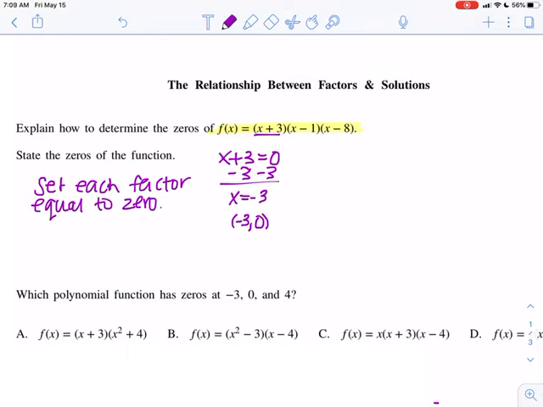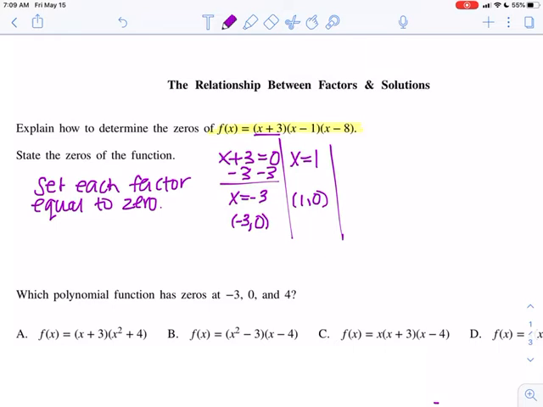So that means my next factor, x minus 1, if I set that equal to 0, that's going to be x equals positive 1. Because if I add 1 to both sides, I'm going to get positive 1. That's 1, 0. My third factor, x minus 8 equals 0.